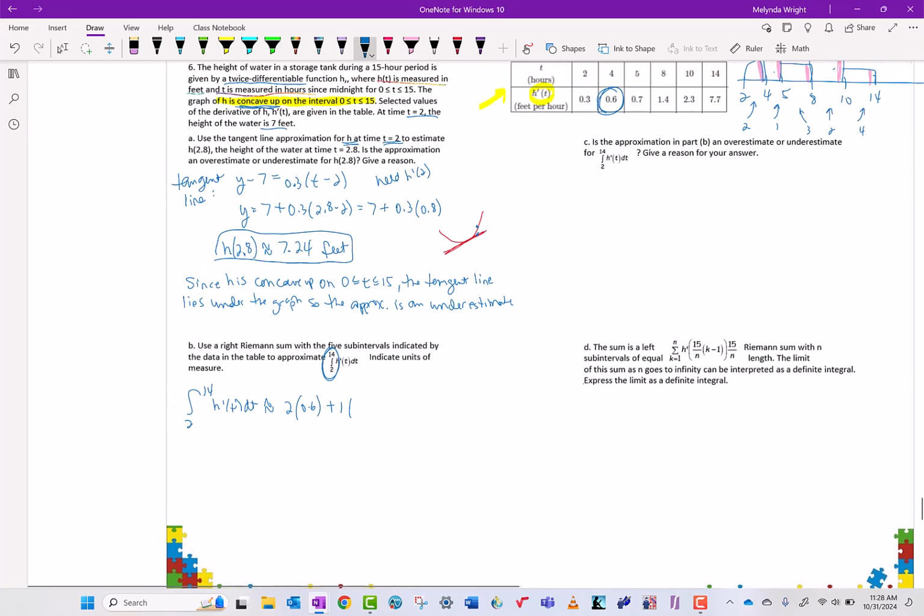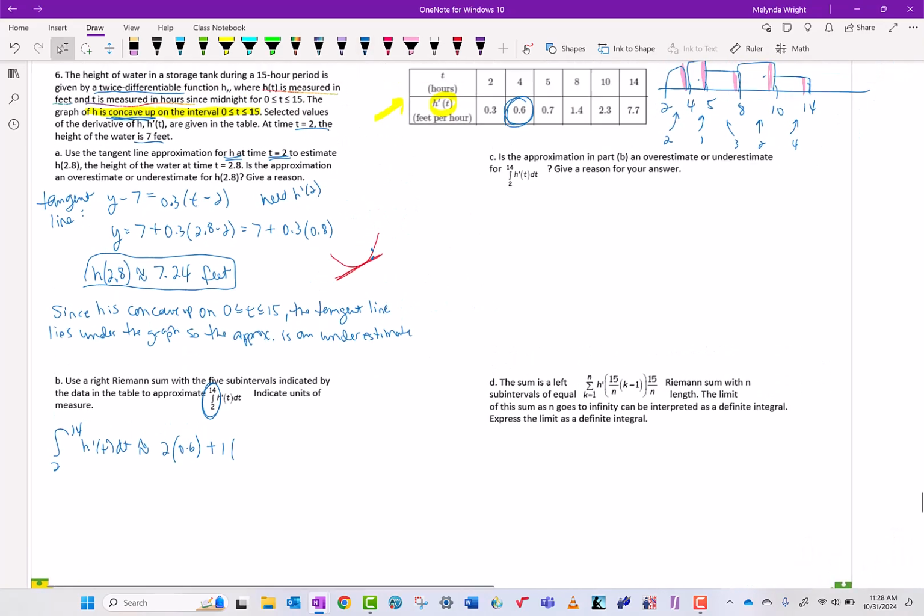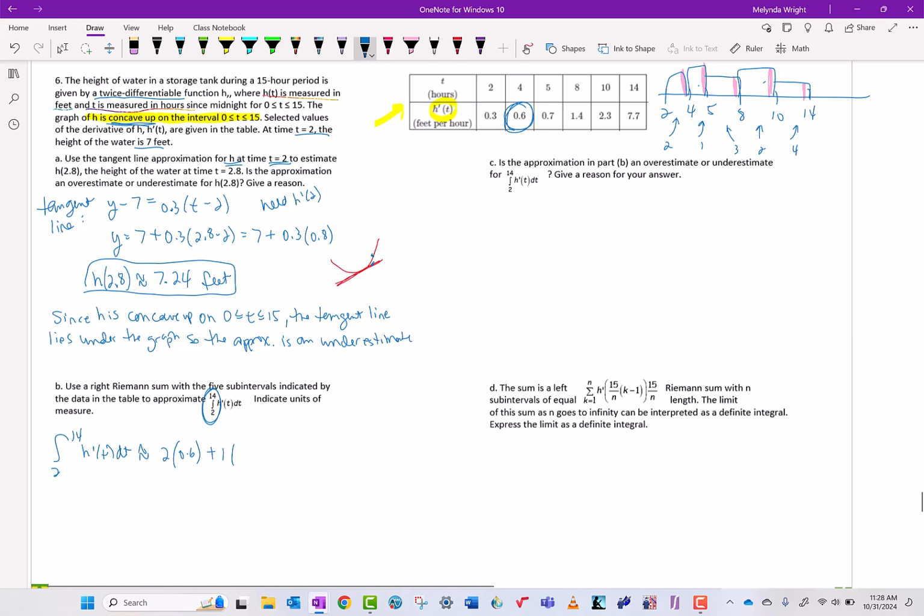I guess it'd be easy to just leave it like this. My next width was 1, and I would need 5, this one, so that would be 0.7. My next width was 3, and that height would be the 8 one, which would be 1.4. And this height would be what?